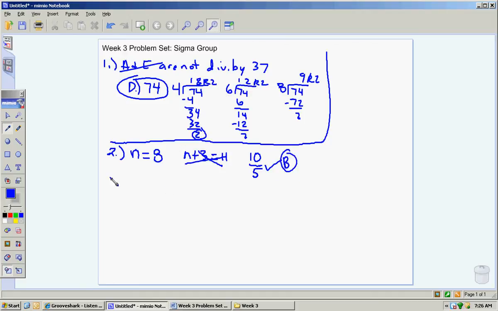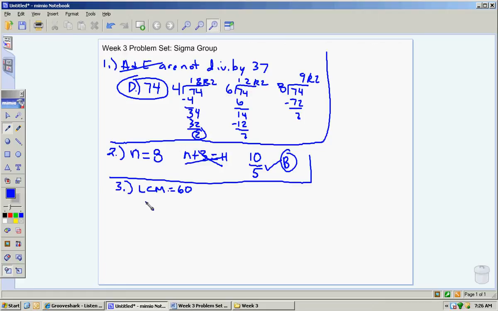On to 3. It says if an integer n is divisible by 3, 5, and 12, what is the next largest integer divisible by all of these numbers? Well, the least common multiple of 3, 5, and 12 is 60. If you're not sure where that came from, 3 and 5 have a least common multiple of 15.